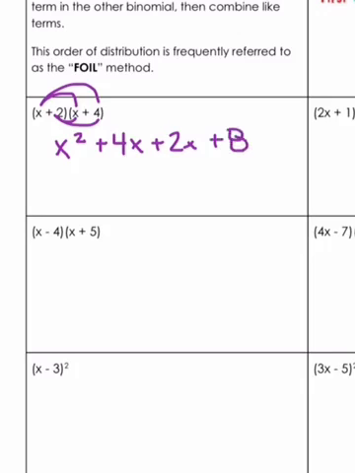Then we need to combine our like terms, and when we combine our like terms, we're going to have 4x and 2x, which creates 6x. And then we're going to bring down our x squared. That was a positive 6x plus 8. And you're done.